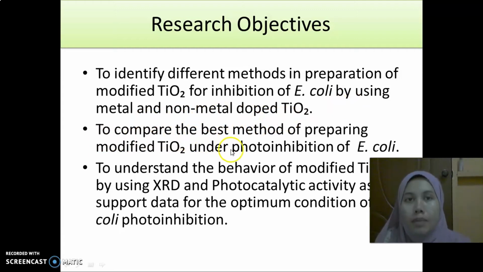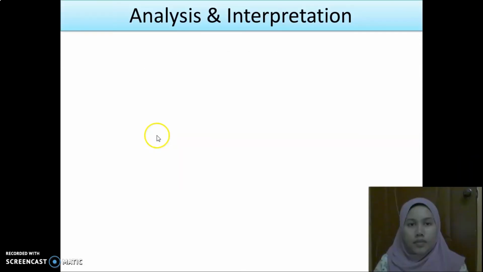Second, to compare the best method of preparing modified TiO2 under photoinhibition of E. coli. Third, to understand the behavior of modified TiO2 by using XRD and photocatalytic activity as support data for the optimum condition of E. coli photoinhibition.